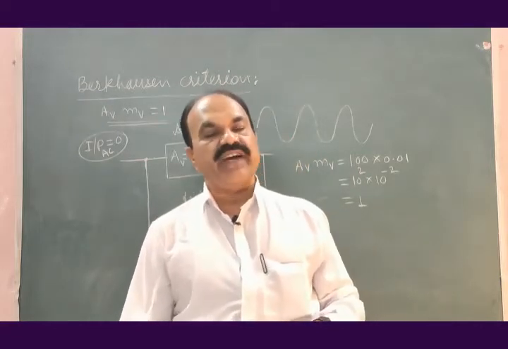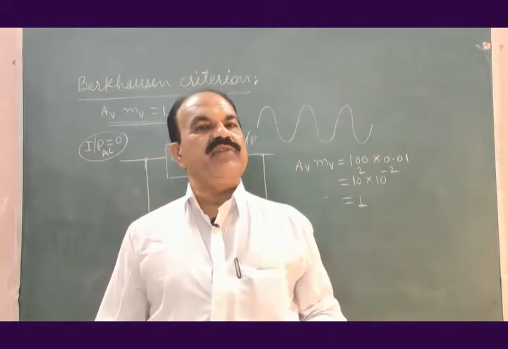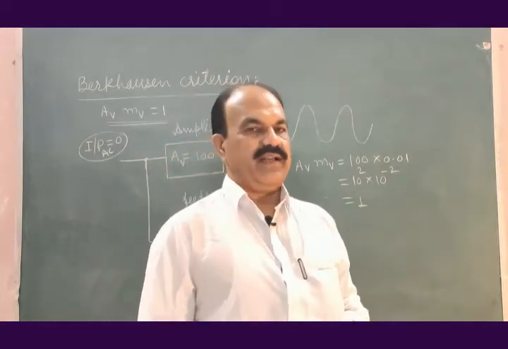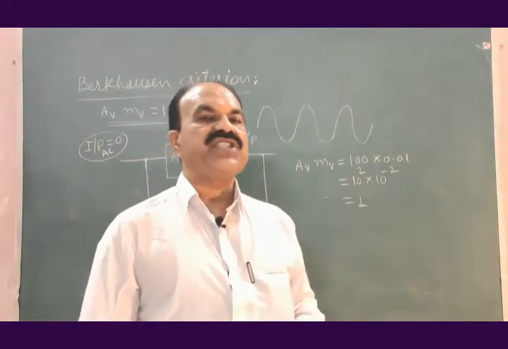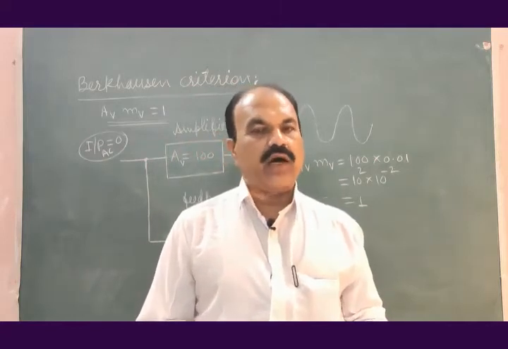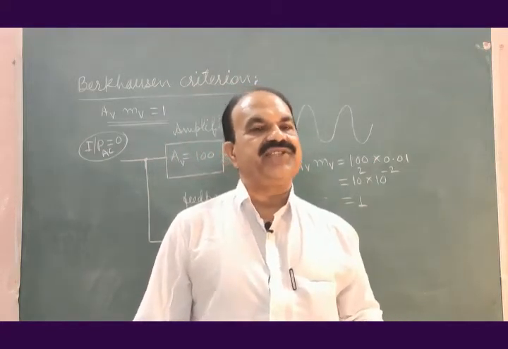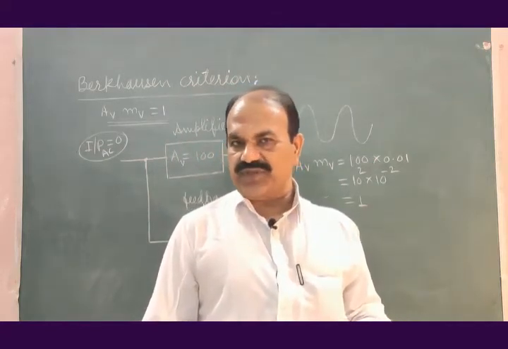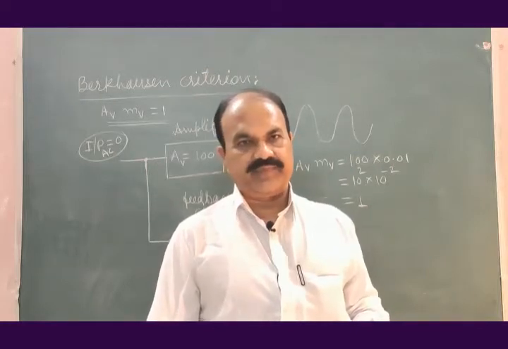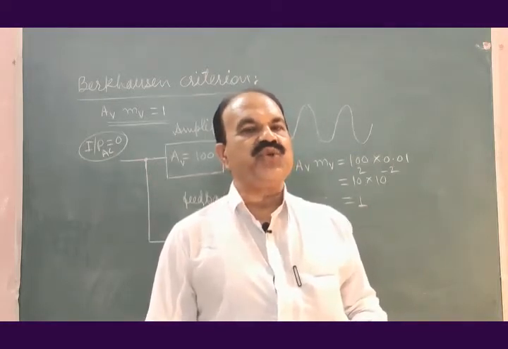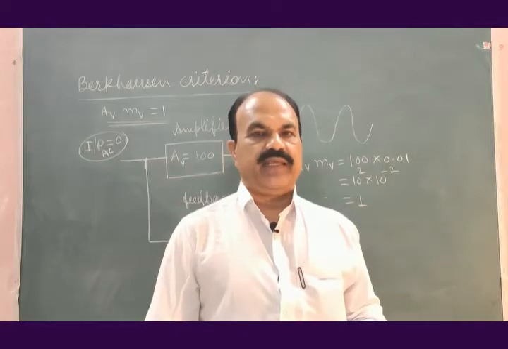K-map for 2 variables, 3 variables and 4 variables. K-map is Karnaugh map. Karnaugh is the scientist who developed this Karnaugh map. In short, this is known as K-map.